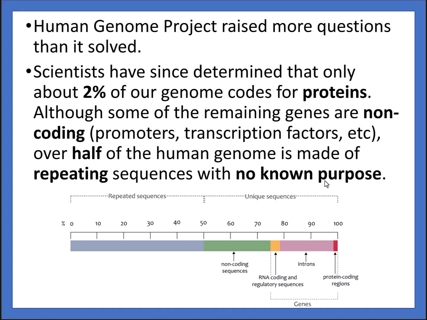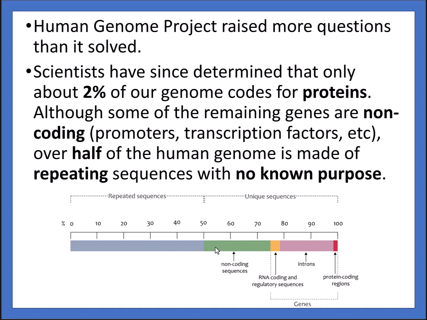So if we were to break this down into percentages, there's about half of the human genome, all of the DNA sequences in a typical human, are these repeating sequences that were surprising to scientists.